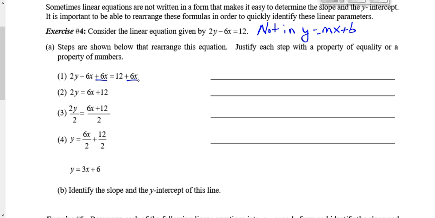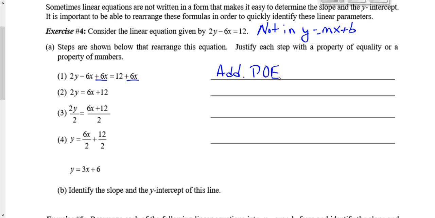What property allows that? Addition. Yeah, the addition property of equality. Remember, when it's on both sides, it's a property of equality. And then they kind of rewrote this, didn't they?